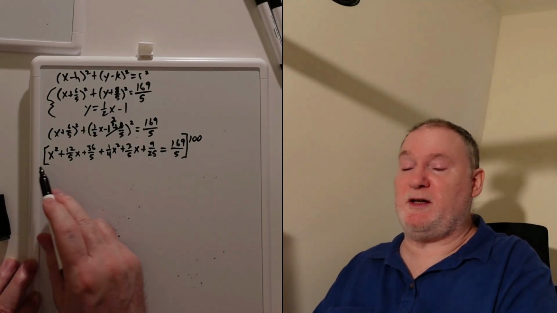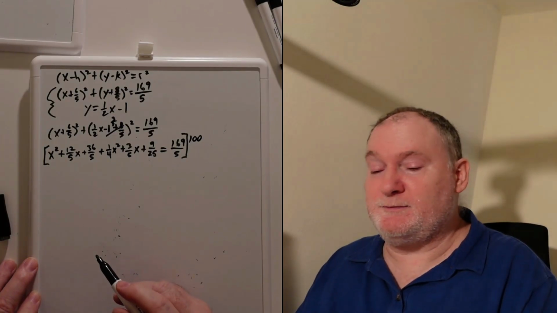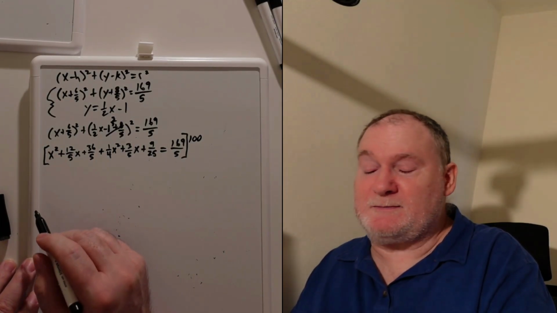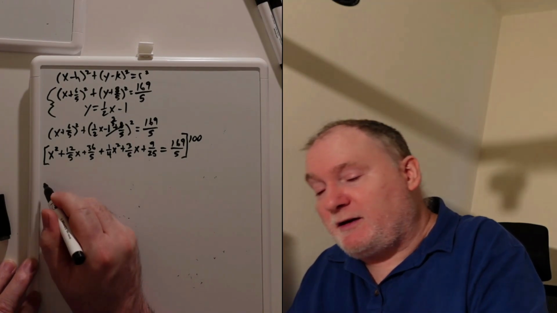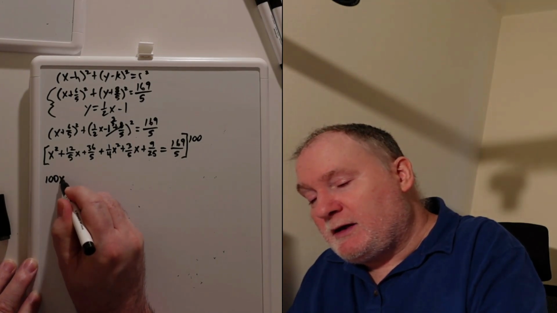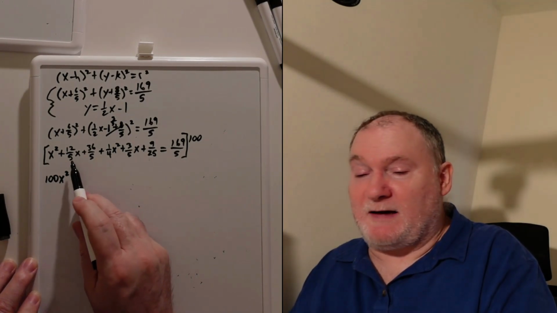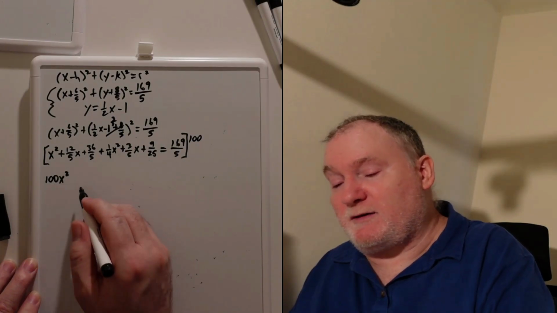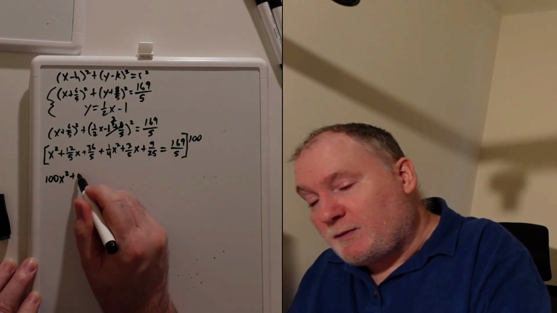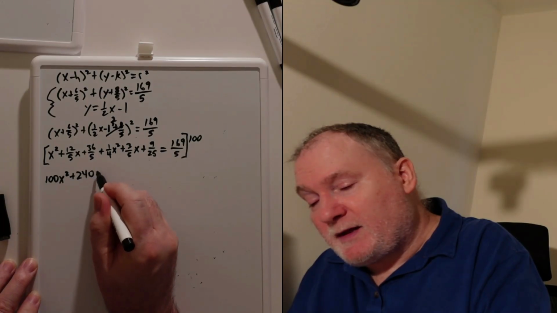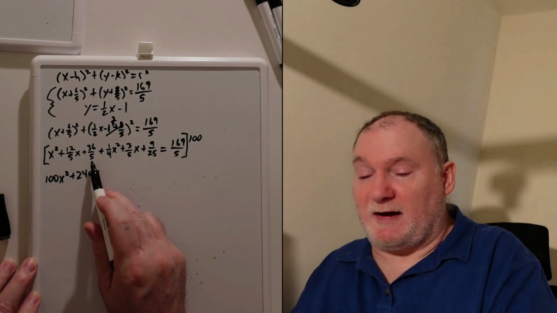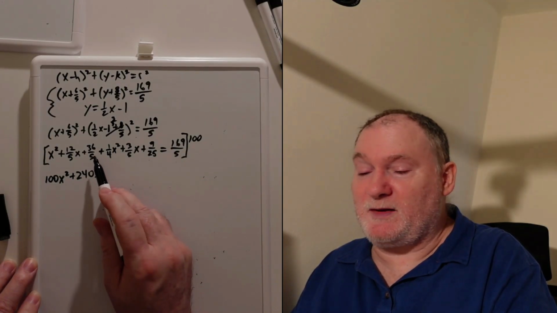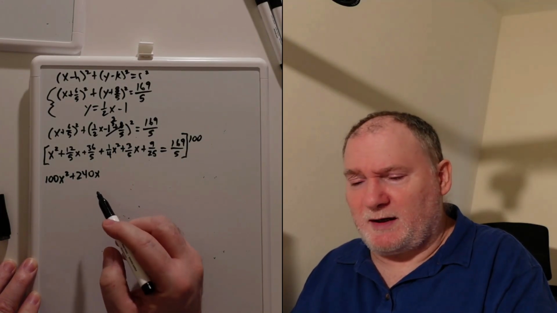We have to distribute the 100 to every term in here. This has a coefficient of 1, so 1 times 100 is 100. So we get 100 x squared. 5 goes into 100 20 times. 20 times 12 is 240. So plus 240 x. 5 goes into 100 20 times. 20 times 36 is 720.